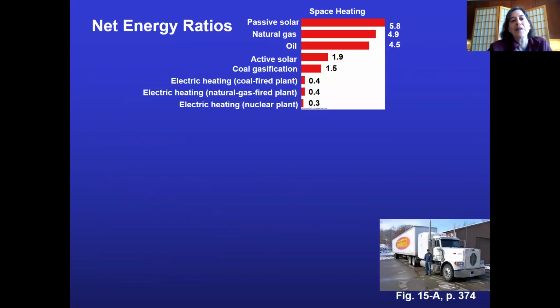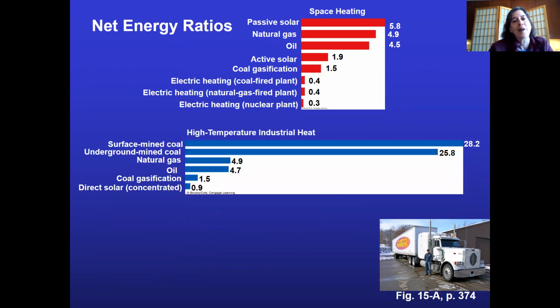So when we look at our net energy ratios, why is it that fossil fuels are so common and why do we use them? They have really high net energy ratios. One of the biggest advantages of fossil fuels is that you get a lot of bang for your buck. And I mean that for the amount of energy it takes to extract those resources, we get a lot of energy out of it.